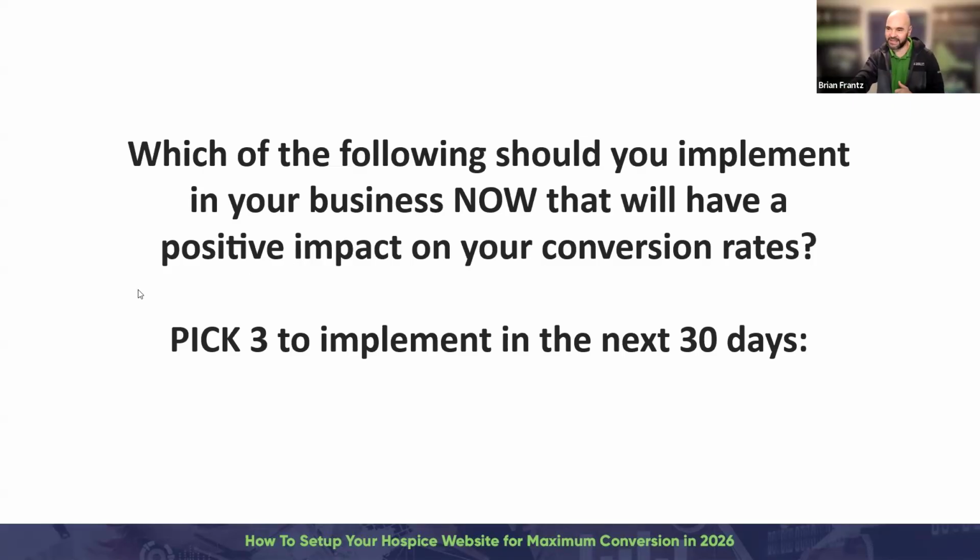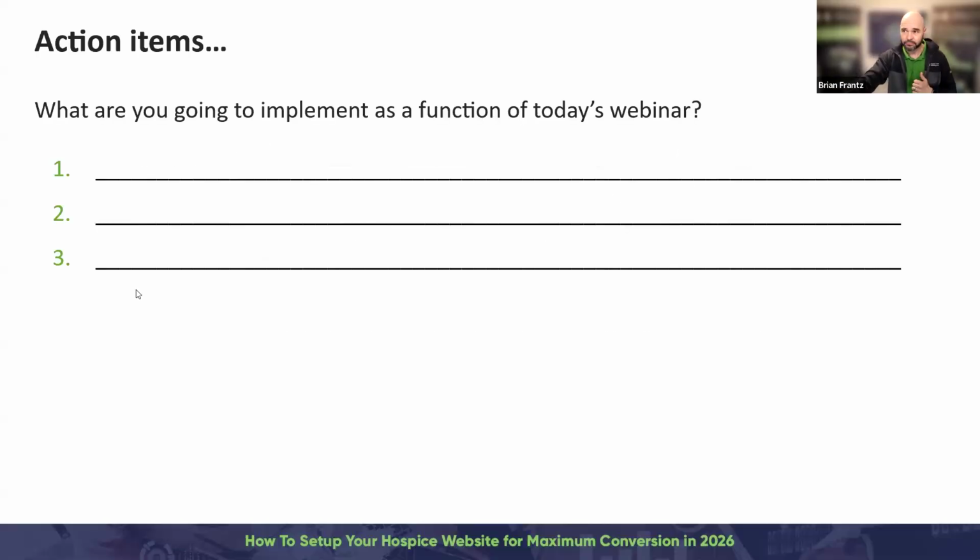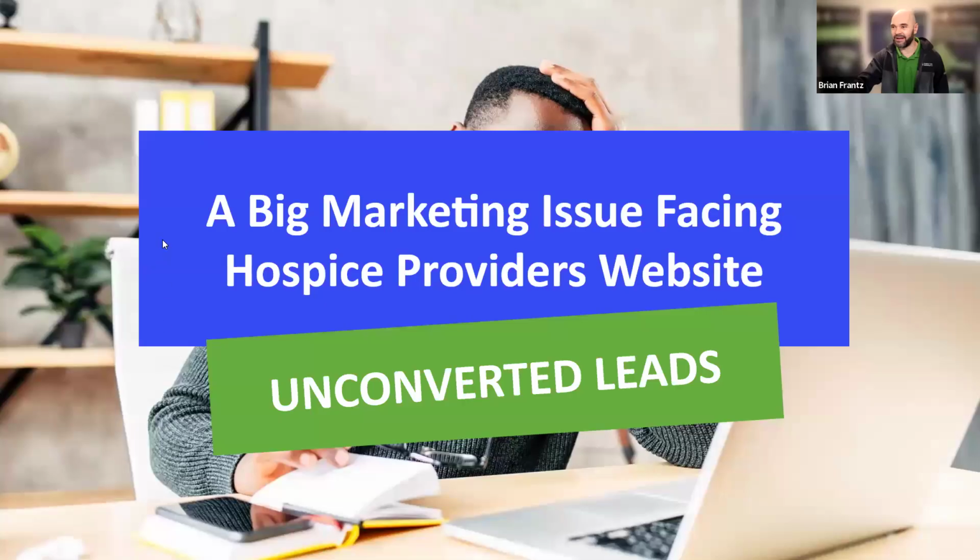I'd love to see what it is you're going to implement, and I want you to take action on those items. So please write it down, use the workbook, and implement in the next 30 days.